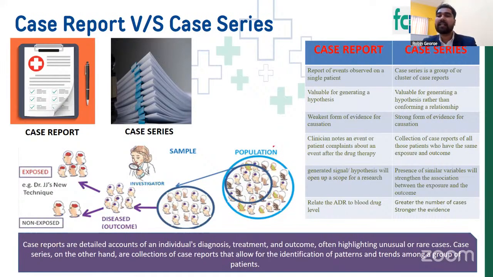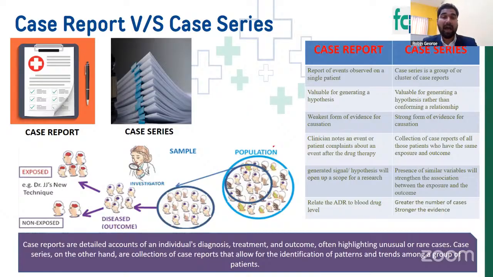Case report always acts for generation of the hypothesis: will phenytoin cause Steven-Johnson syndrome in everybody, or only in a specific age group, or only in people with a specific condition? It generates a hypothesis, whereas a case series is used to support the hypothesis. Actually, I won't say prove; it just strengthens the hypothesis.